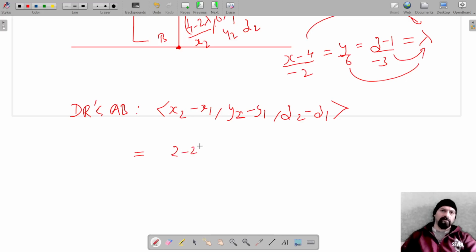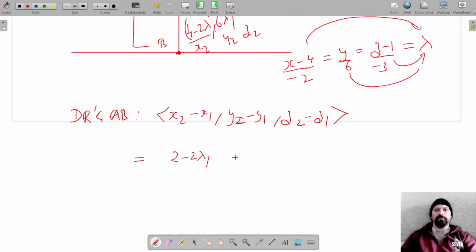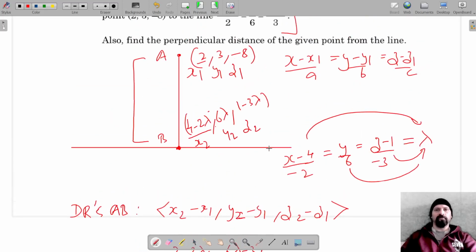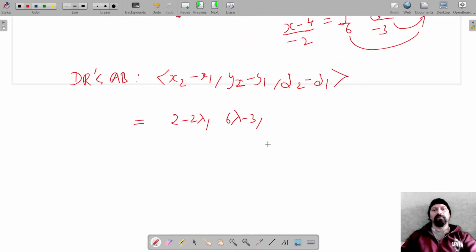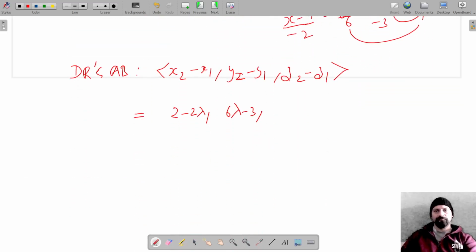Similarly, y2 minus y1 is 6 lambda minus 3. And z2 minus z1 is 1 minus 3 lambda minus of minus 8, which is 1 minus 3 lambda plus 8, which is 9 minus 3 lambda. So these are the direction ratios of AB.